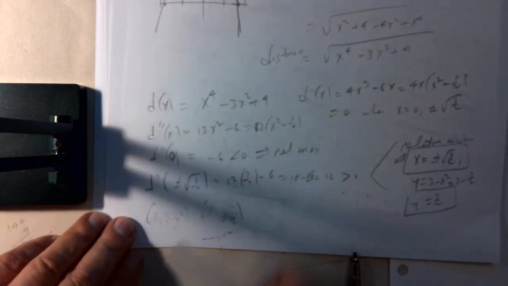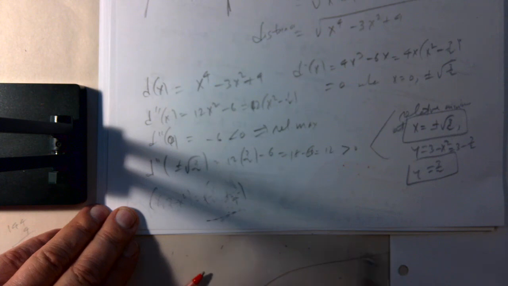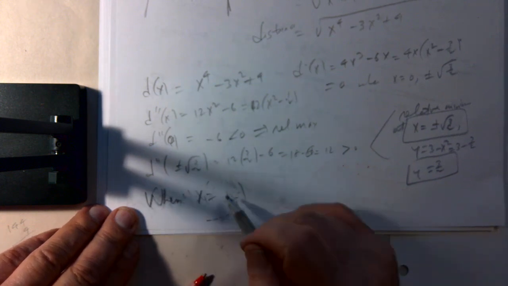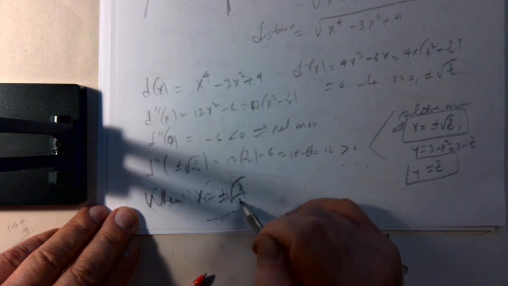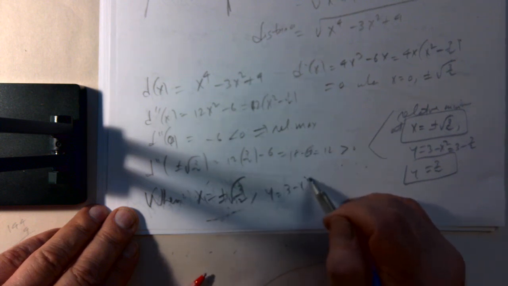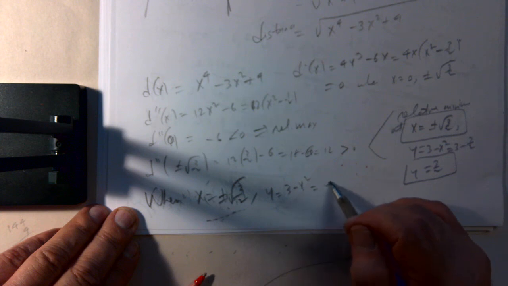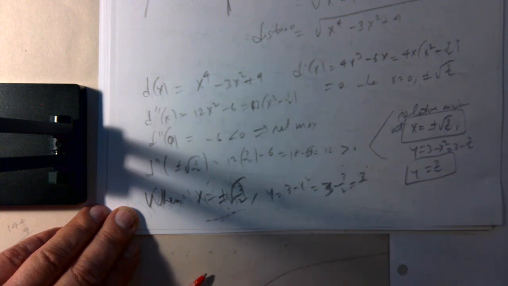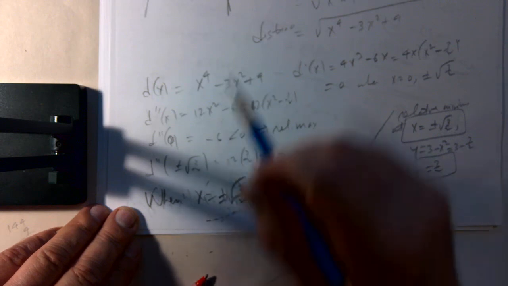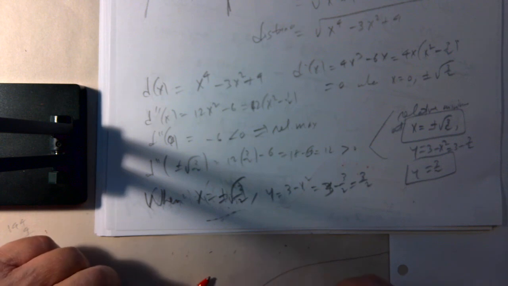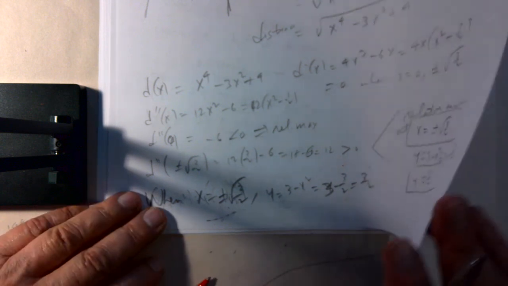When x is plus or minus the square root of 3 over 2, y, which is 3 minus x squared, is 3 minus 3/2, which is 3/2. So these 2 points on the curve have coordinates plus or minus root 3/2, comma 3/2. That's the result.